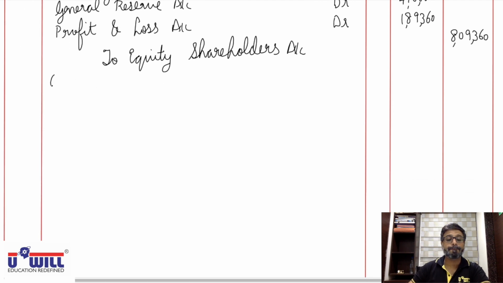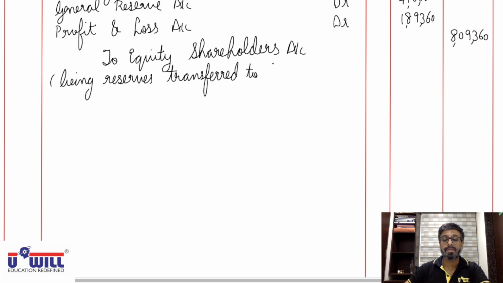Being reserves transferred to equity shareholders account.